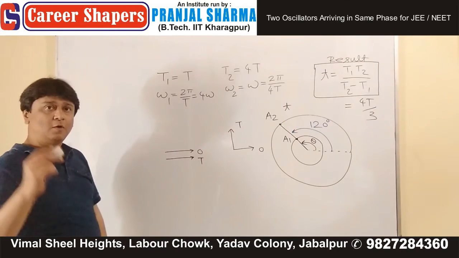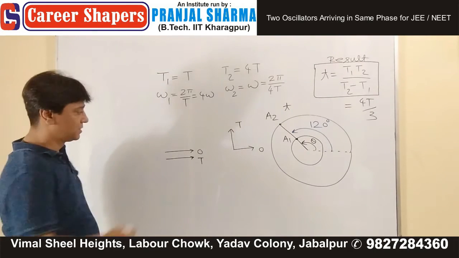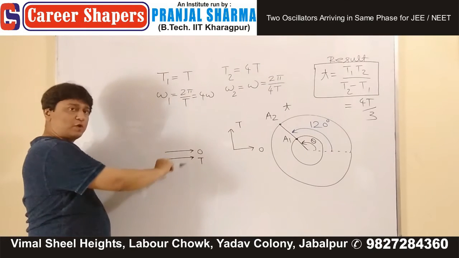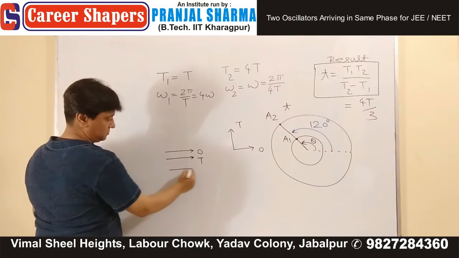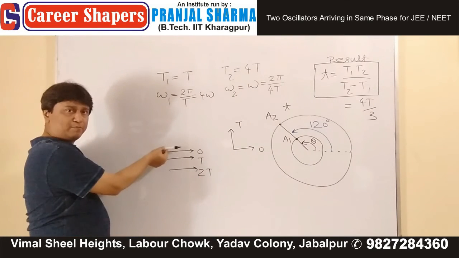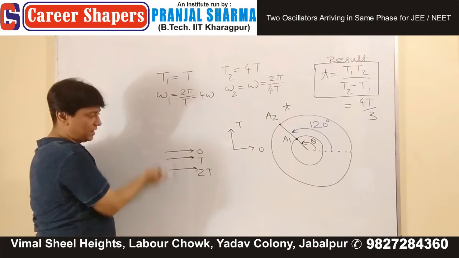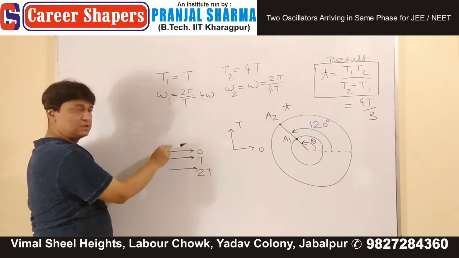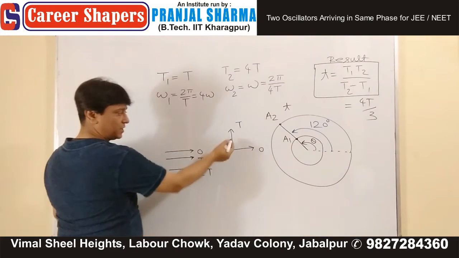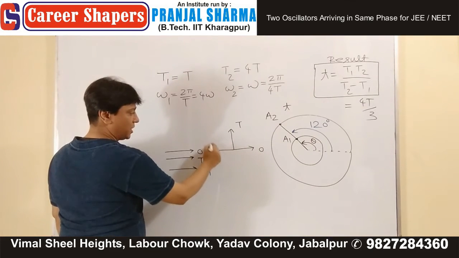Again, what about another time t? After another time t, this rod again completes one rotation. At 2t, I am drawing separately: first round, second round. So after 2t time, this will be found here.